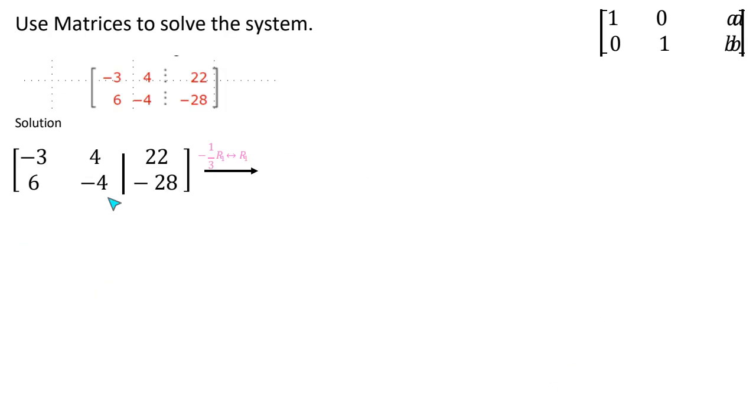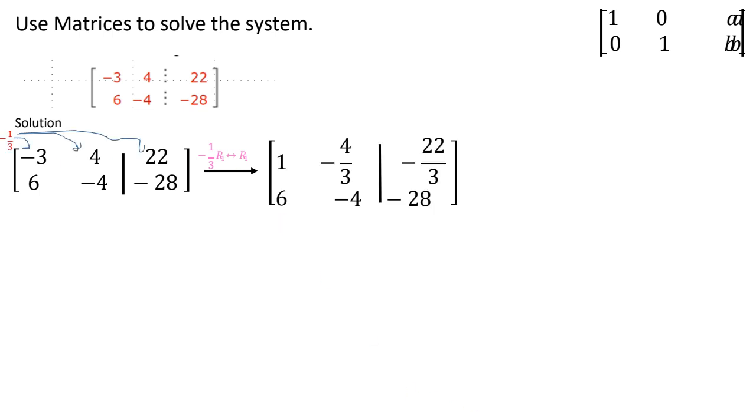Let's try one more. So here I have -3, 6, 4, and -4, 22, and -28. It says to solve the system. First, I need to have a 1 here. If I switch rows, it's not going to help me get a 1. So instead, I'm going to multiply by -1/3. Whatever answer I get, I'm going to place it back in the first row.